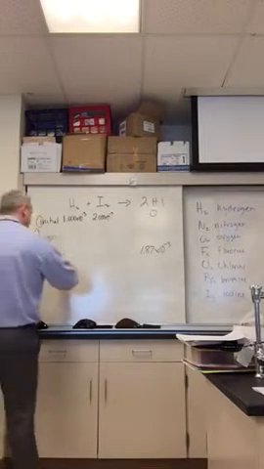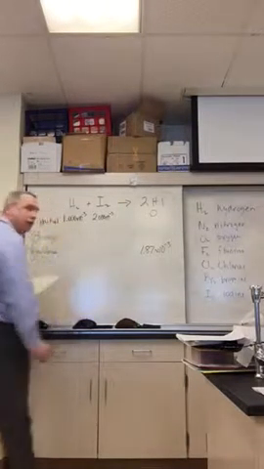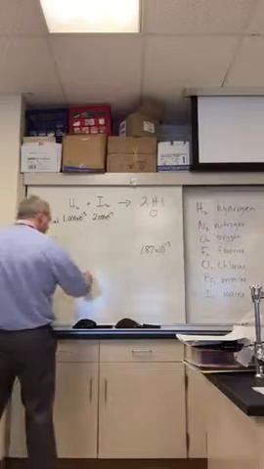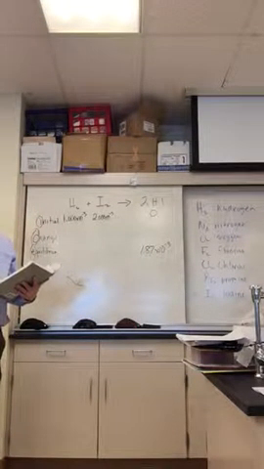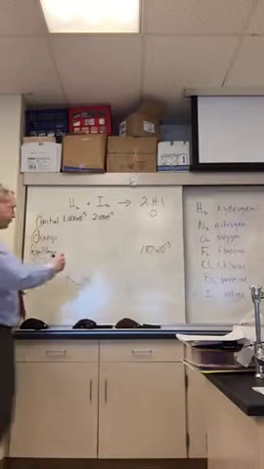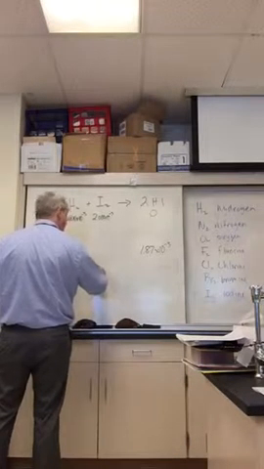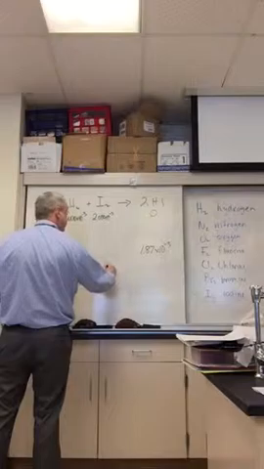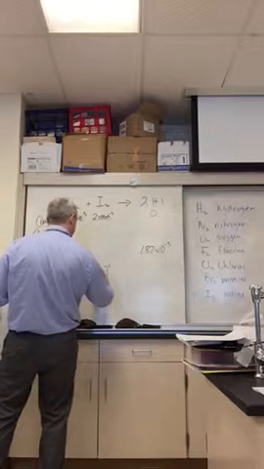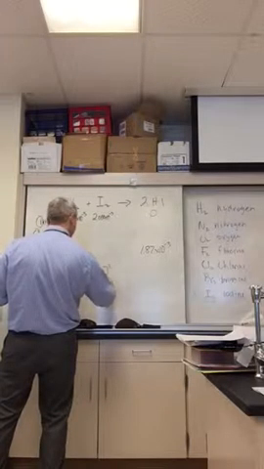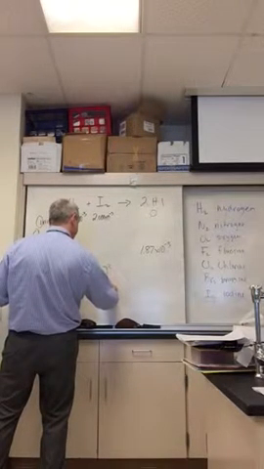So I want to find Kc. Now how do I find Kc? Well, if I just knew the equilibrium concentrations of each of these things, then I could have the concentration of HI squared over the concentration of H2 times the concentration of I2.